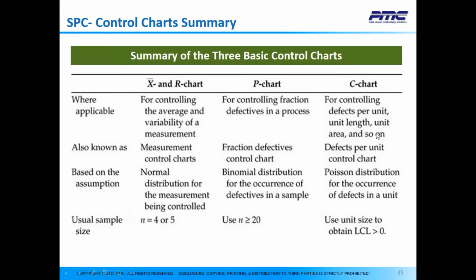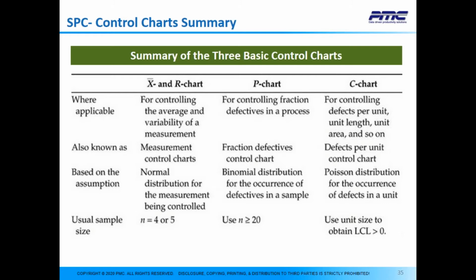This is the one I mentioned earlier, the control chart summary, where applicable, based on the assumption and usual sample size. Depending on the statistics books that you read, you're going to find these numbers may be slightly different. Based on my experience, the roadmap I used in the chart earlier is very wisely used.